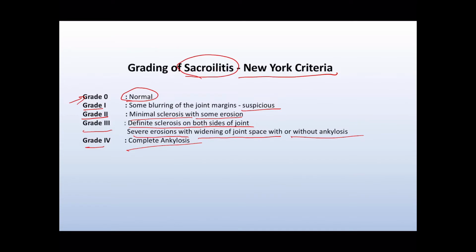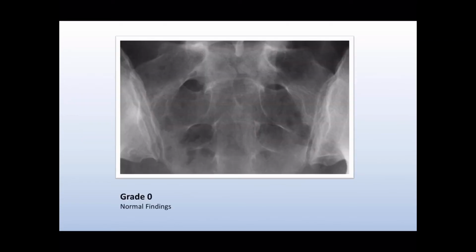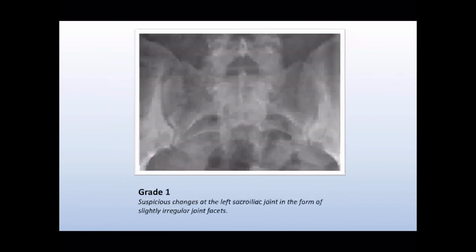Now, let's see some examples. This is grade 0, normal findings. You can easily see the joint margins in here and there is no sclerosis or ankylosis. This is an X-ray of grade 1 sacroiliitis. Here, there are suspicious changes in the left sacroiliac joints.